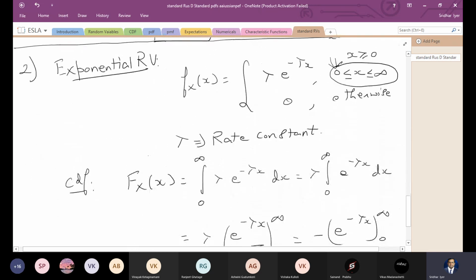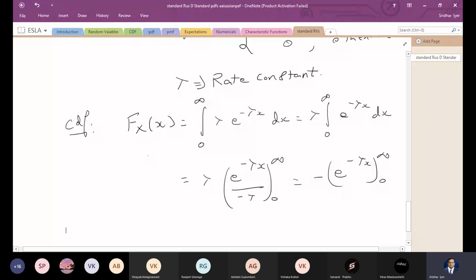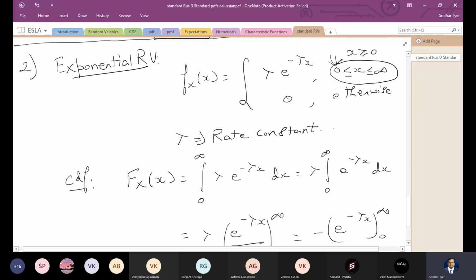So the mistake which I have made is that the integral is starting at 0 because of the PDF which is given to me. I'm starting at 0, ending at infinity, but the CDF is found for a particular point. Therefore, it cannot be from 0 to infinity. It is from 0 to some point x.